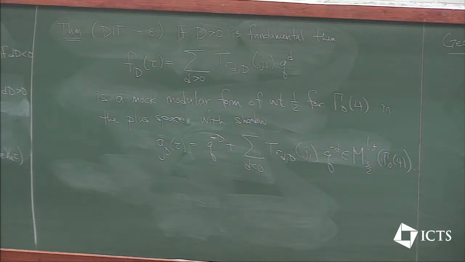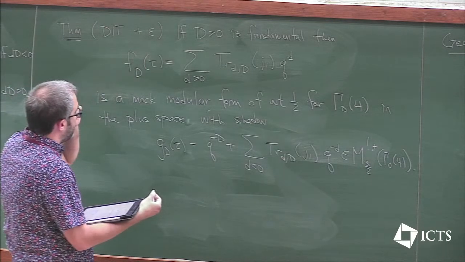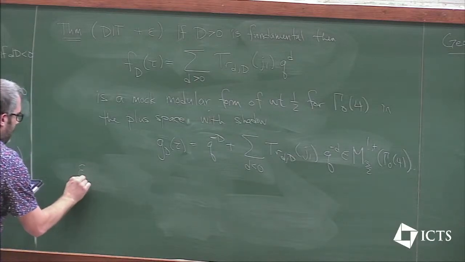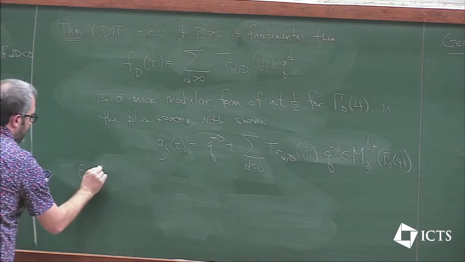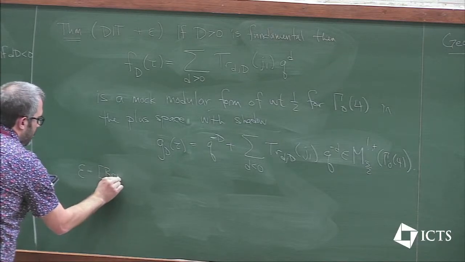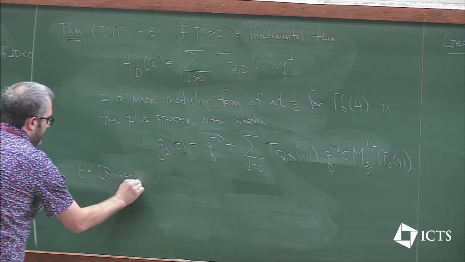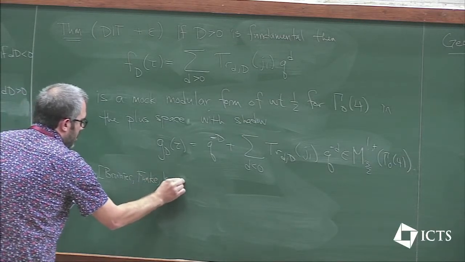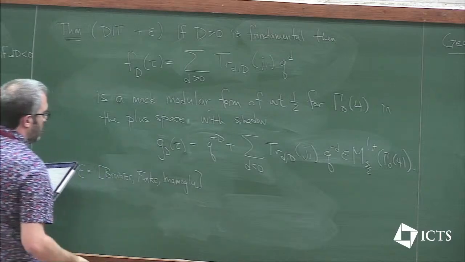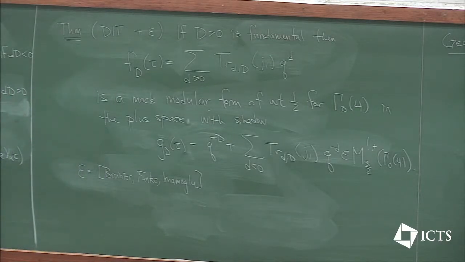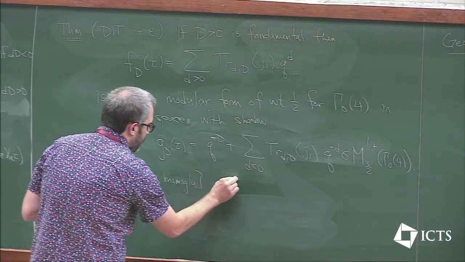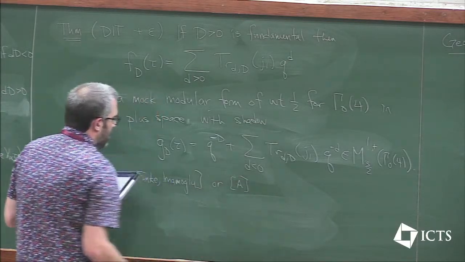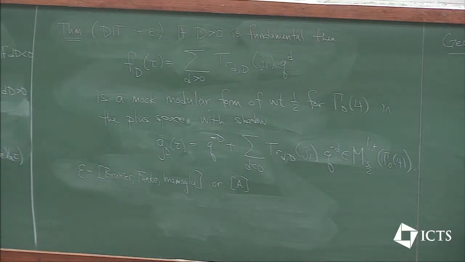Now you might be wondering, what does epsilon mean? Well, there's a couple of ways to deal with this. You can either use a paper of Bruinier, Funke, and Imamoglu, where they regularize the integrals for the square cases, or you can use a little paper that I wrote that does something similar, and this is the construction that's in that paper.